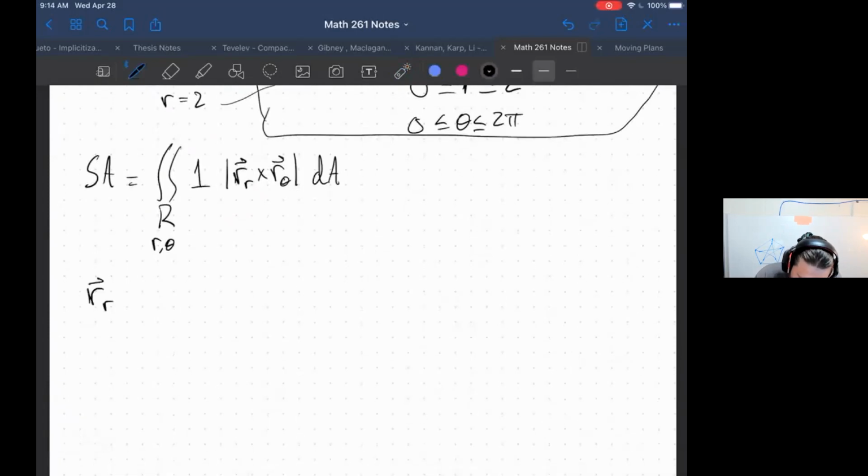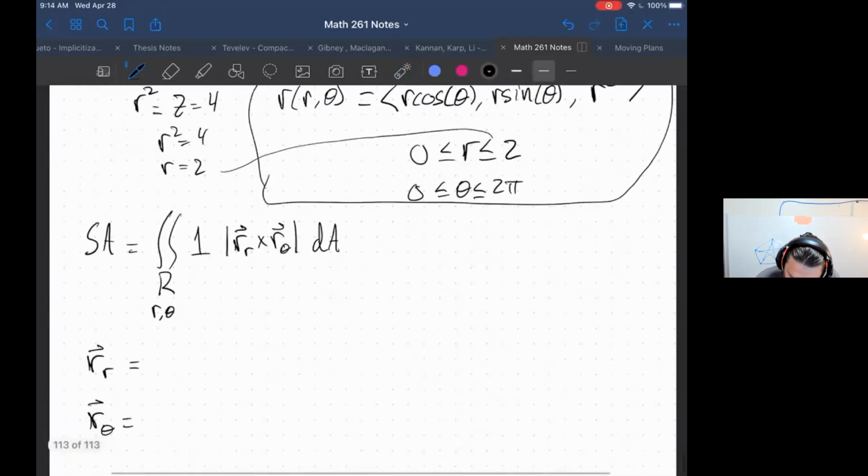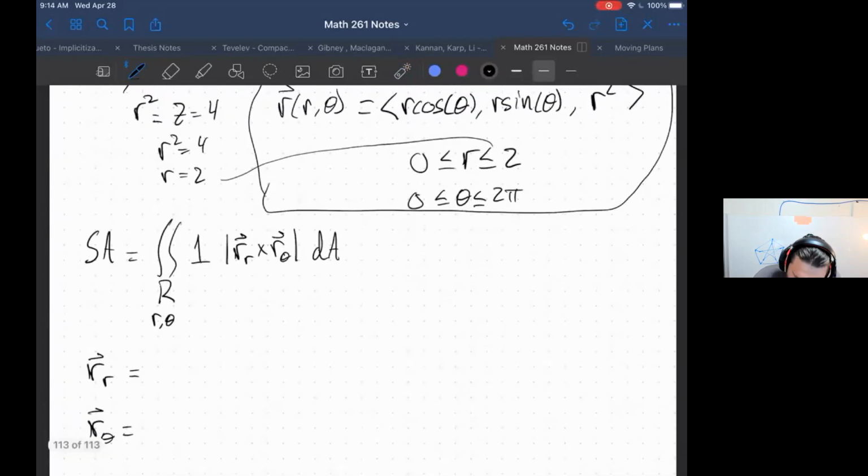So we need to look at the partial derivatives, r sub r and r sub theta. Where's our parameterization? There it is. Great, so take the derivative with respect to r for all of these. The first two, the r's go away, you just have cosine of theta, sine of theta.